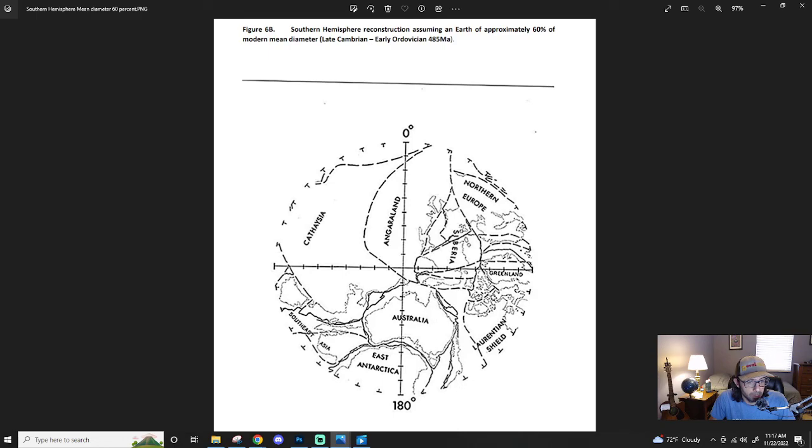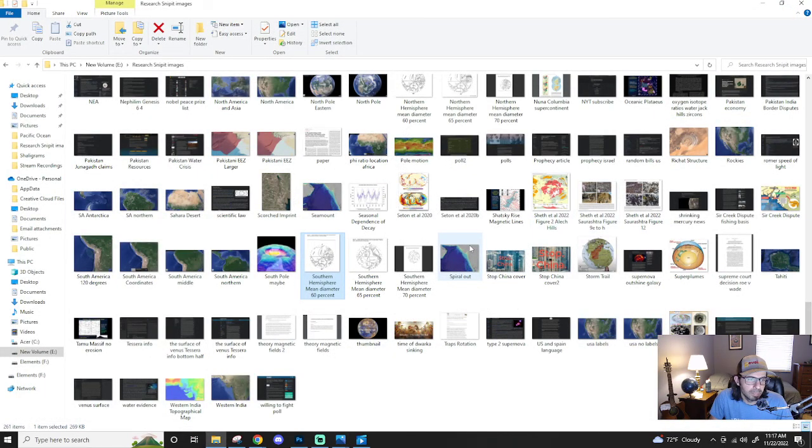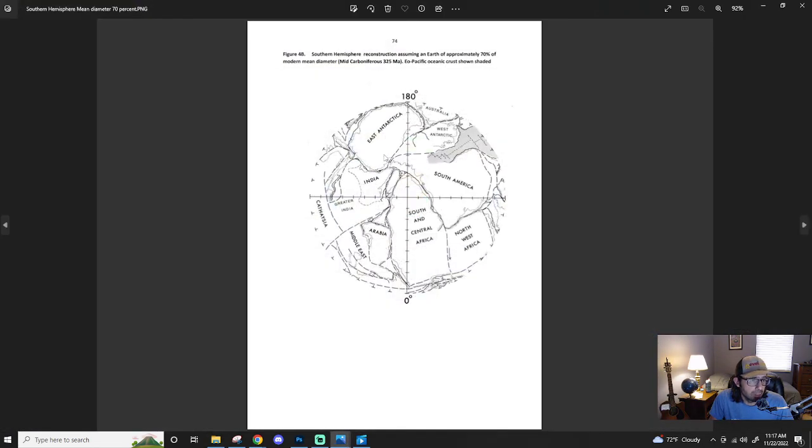Papua New Guinea, though, is definitely not up here. So maybe not that accurate. Papua New Guinea, not there. Let's see if they have it more generally accurate here. Maybe, if that's Papua New Guinea.